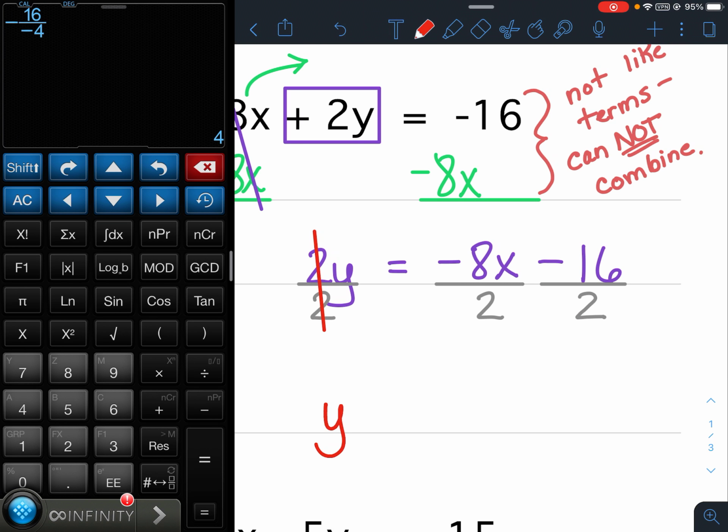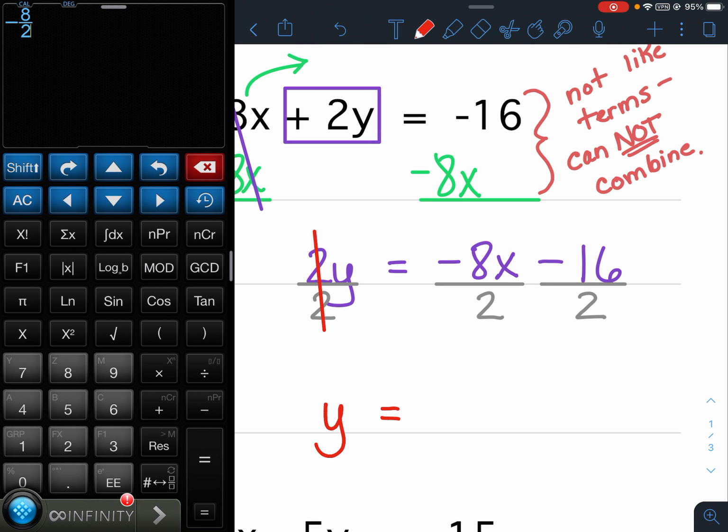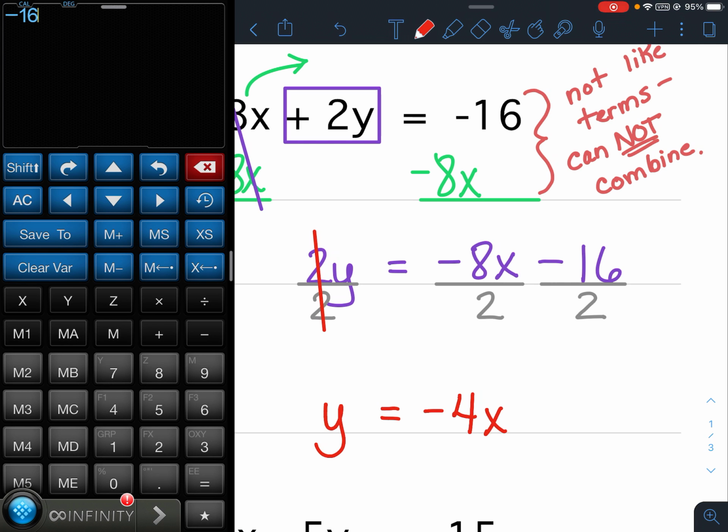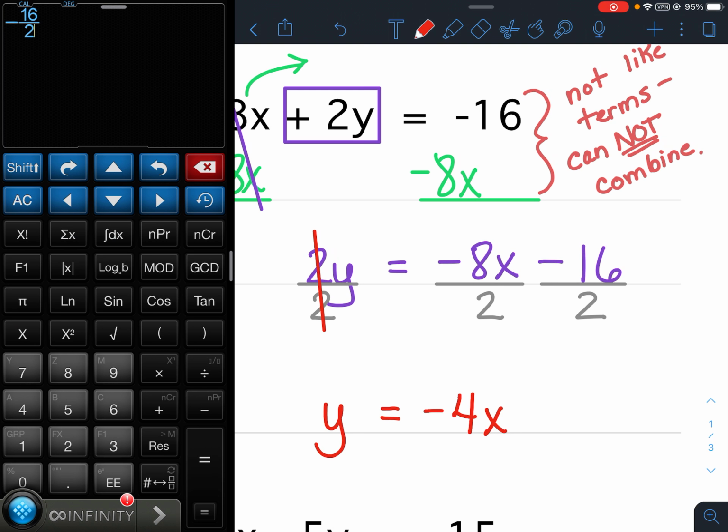All right. Bring down the y, the equal sign. Clear that out. Negative 8 over 2 is negative 4. So this will be negative 4x. Clear it out. Negative 16 over 2.